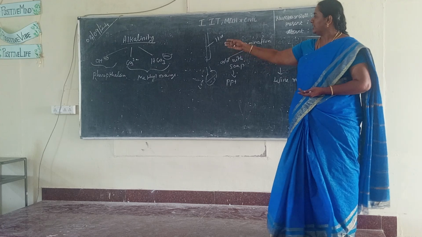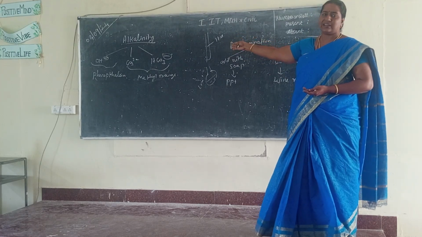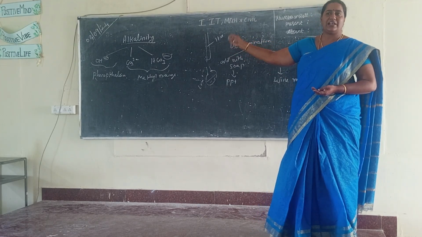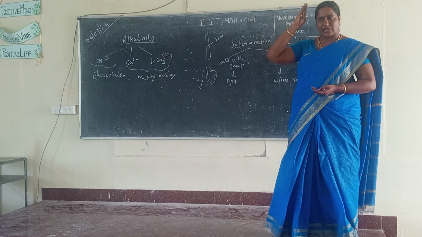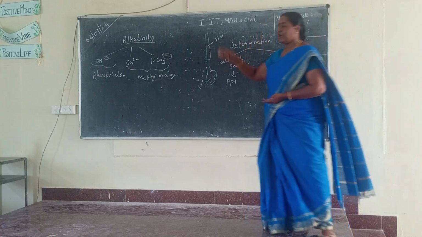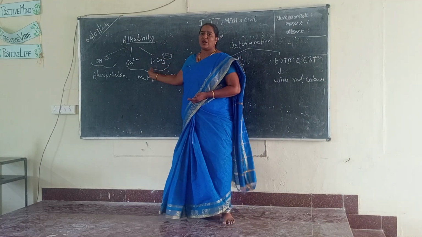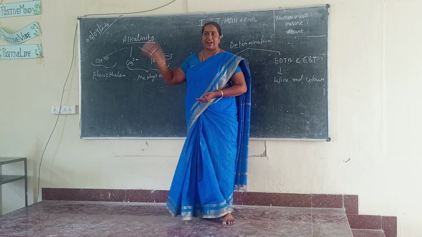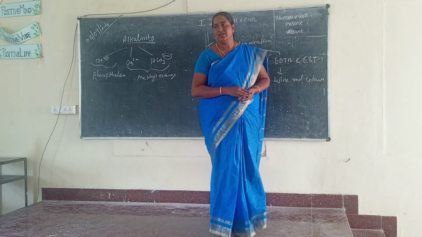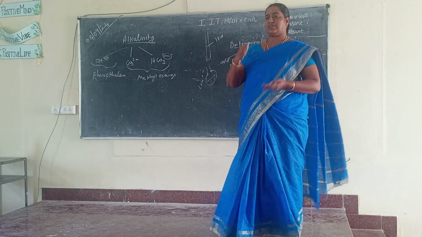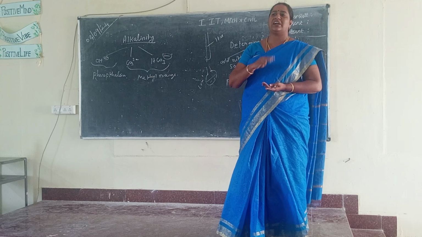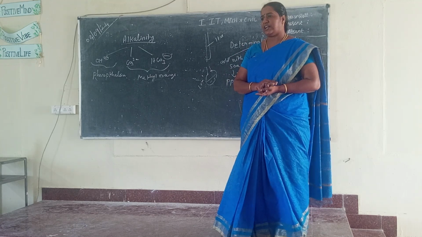Because we want to find the carbonate and bicarbonate ions present in it. We have found only the OH minus ion so far; the remaining two alkaline ions are not yet found. That's why we add methyl orange, and the color turns yellow.